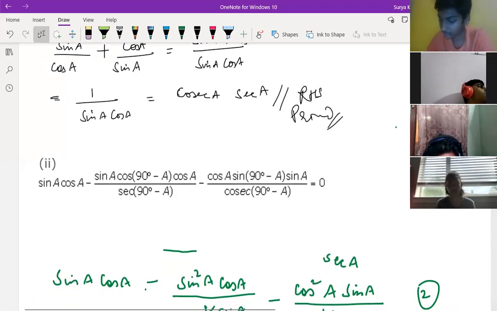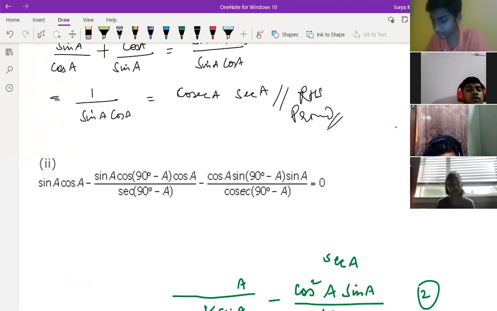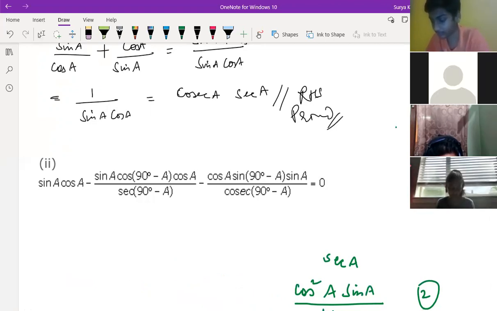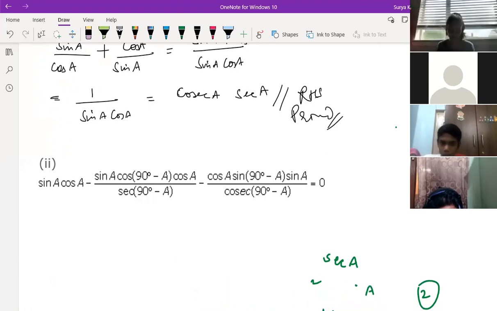All of you do, children. Question number second. This complementary angle is the easiest part of the whole chapter, you know.